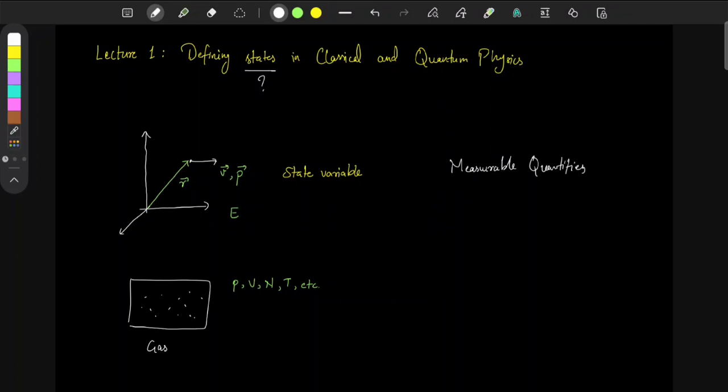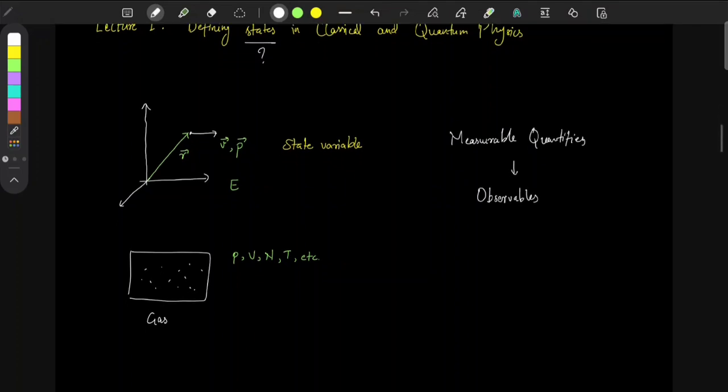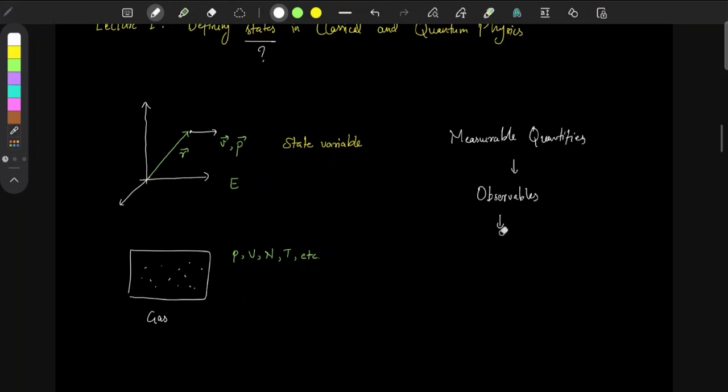You can also measure the energy of a system. These measurable quantities have a very technical name often used in physics. They are called observables. Observables means the quantities which can be observed or measured. You can observe by measuring them, so it's again synonymous, observable and measurable in some sense.